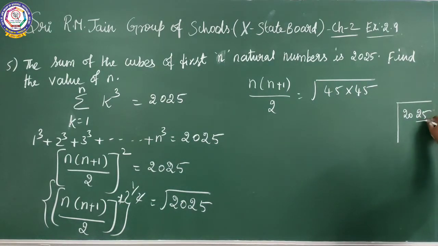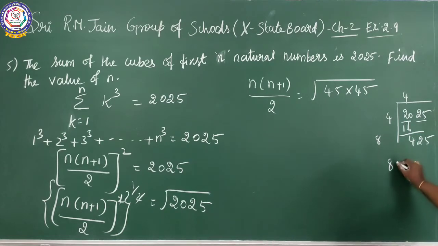Or otherwise, you know very well. 20, 25, two terms. 4 fours are 16, balance 4, 25. You multiply by 2, 8. 4 twos are 8. So 85 into 5.